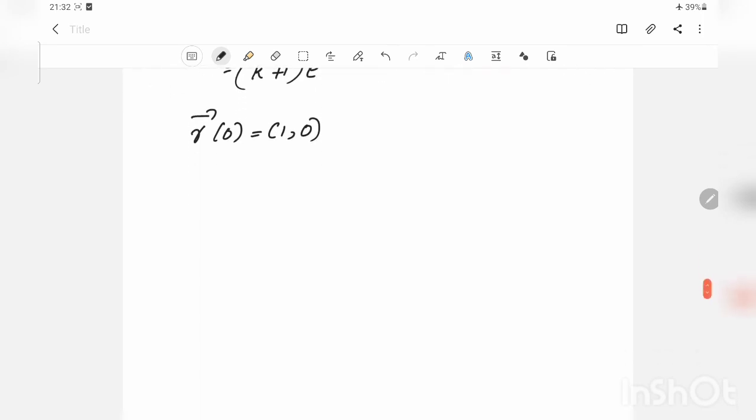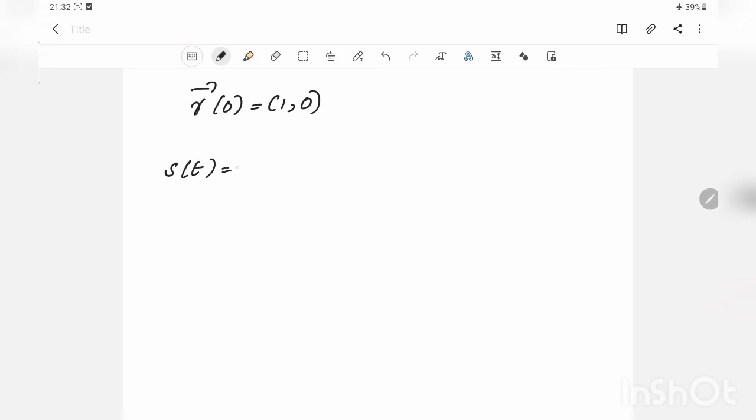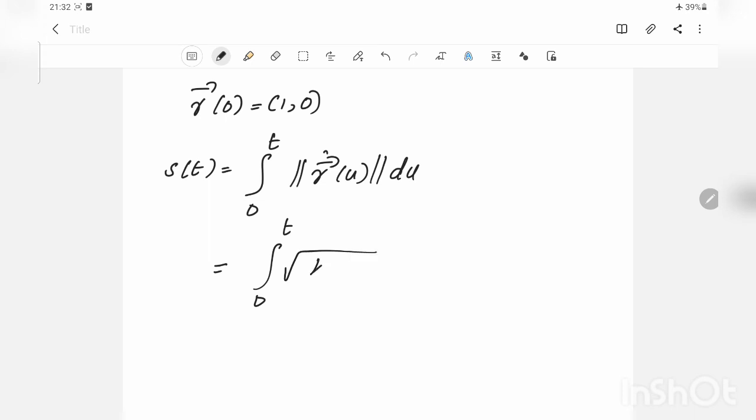Substituting 0 we obtain (1, 0), and the arc length is given by s of t equal to the integral from 0 to t of norm gamma dot of u du. The norm of gamma dot of t, the whole square, is equal to (k square plus 1) e raised to 2kt, and therefore norm gamma dot of u is root of k square plus 1 times e raised to ku.